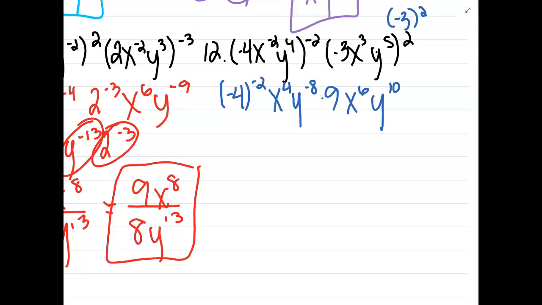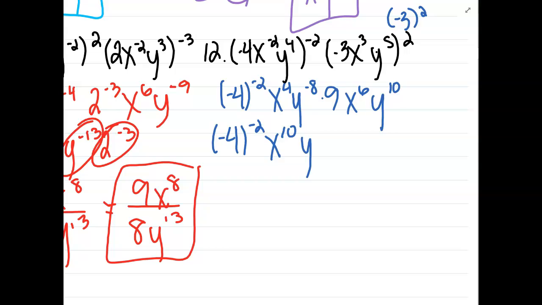Now once again, this is what I would do. It's not the only way to do these. I prefer to simplify next, so instead of having x to the 4th and x to the 6th, let's write this as 1 power. So we're going to leave the negative 4 to the negative 2nd for one more step. X to the 4th and x to the 6th. 4 plus 6 would give me x to the 10th. Do the same thing with your y's.